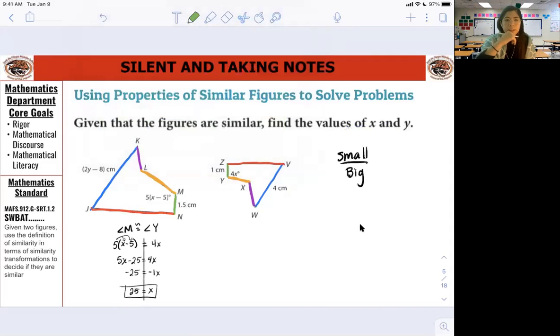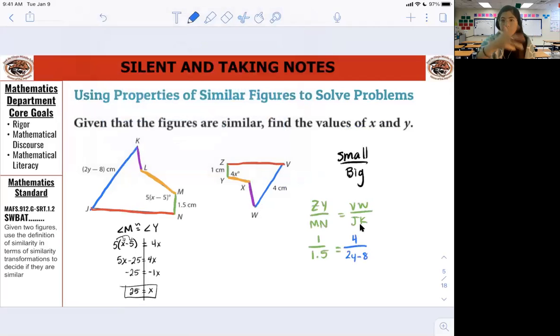So small to big, that would be 1, so ZY over MN, and then VW over JK, right? So 1 over 1.5, and then 4 over 2y minus 8.